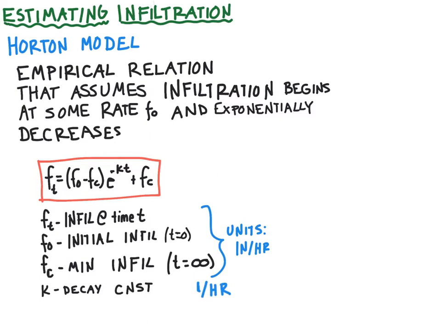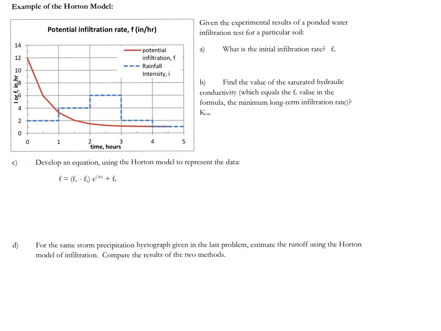Now we're going to look at an example and apply Horton's model of infiltration. You can find this example in the handout for infiltration, and we're going to go through this here on this video. First we're going to figure out A, B, and C, developing the equation, and then we'll derive a table similar to what we did for the previous method for part D. Okay, so first, what is the initial infiltration?